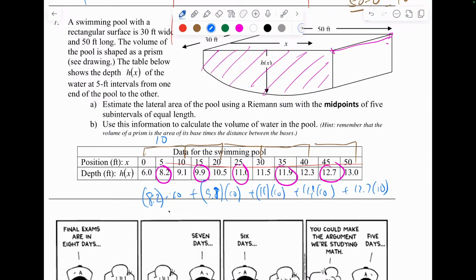No, well, part B, a lot of you guys don't understand this. Like imagine that this circle is this side right here. This is called the lateral side. Now, if you want to find the volume of this swimming pool, you have to multiply this lateral area by the length here.